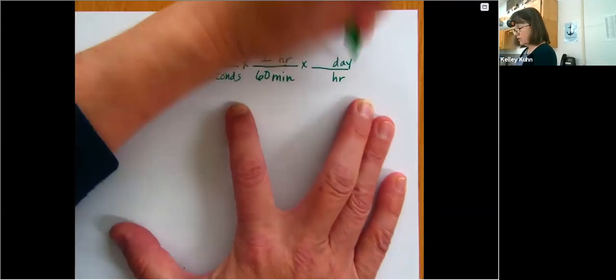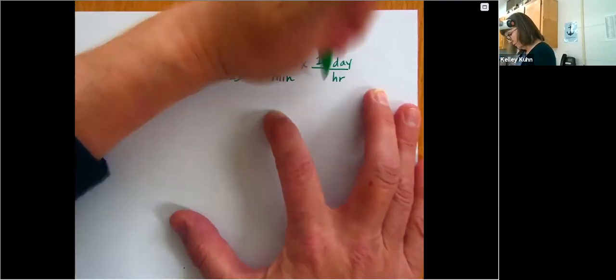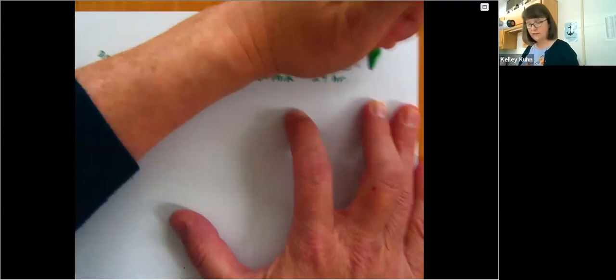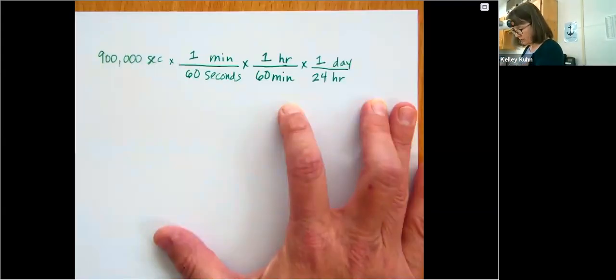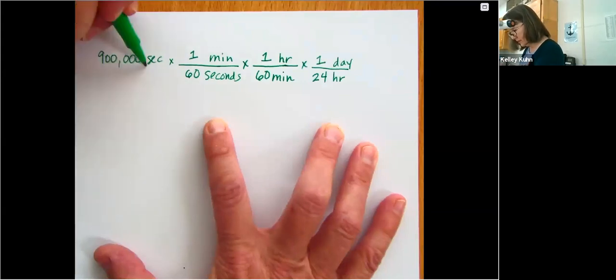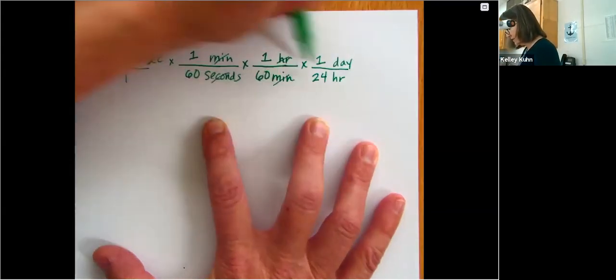So what's that relationship? Well, 1 day is 24 hours. So I said I wanted to get to days. So let's double check that our units cancel. I've got seconds, which are kind of understood to be in the numerator and in the denominator. Minutes cancel, hours cancel, and I'm at days.